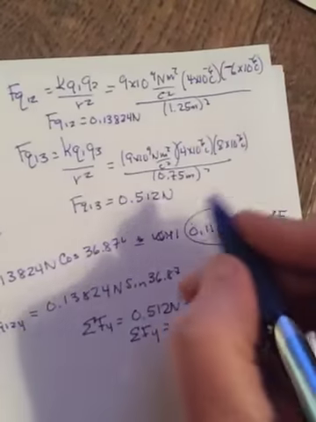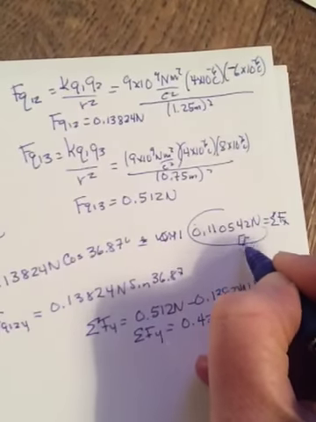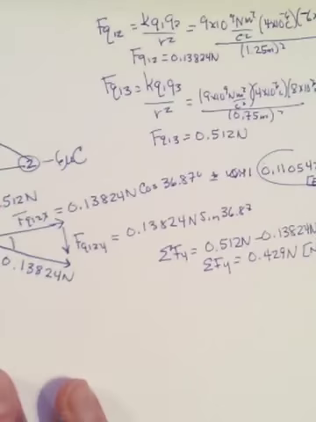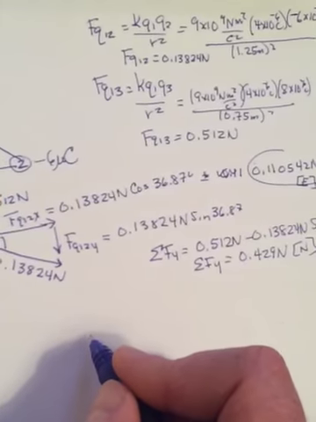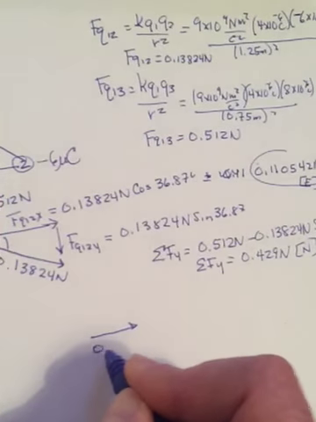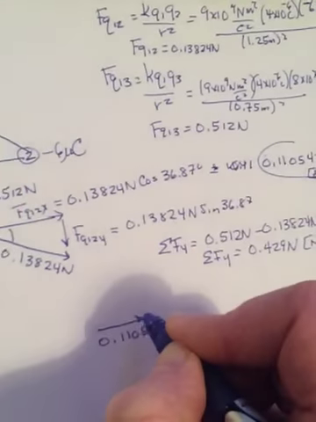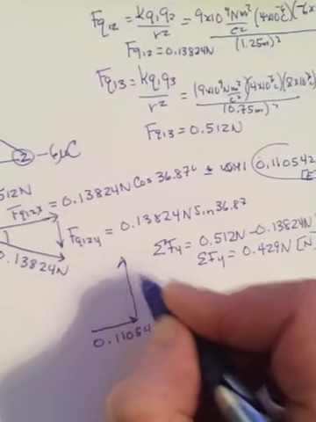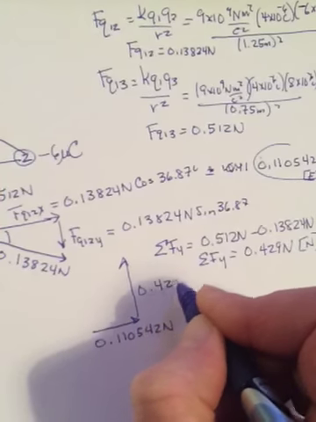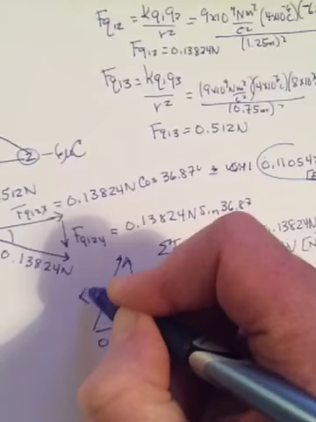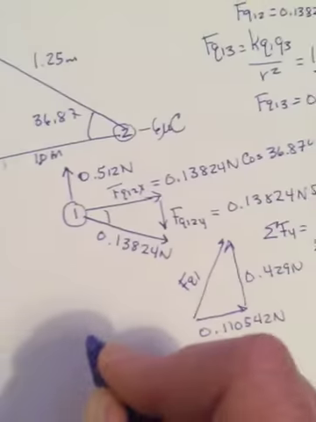This guy is going east. This guy is going north. And so now you're going to draw it. So the one going east is tinier, 0.110542. The one going north is significantly bigger, 0.429 newtons. You're going to square them, add them together, and this will be FQ on number 1.